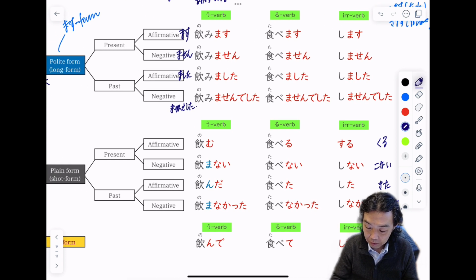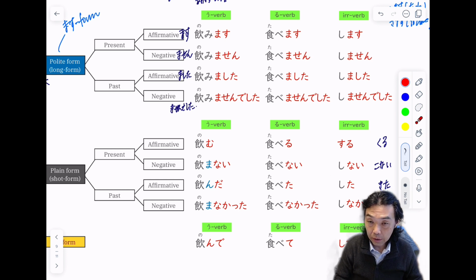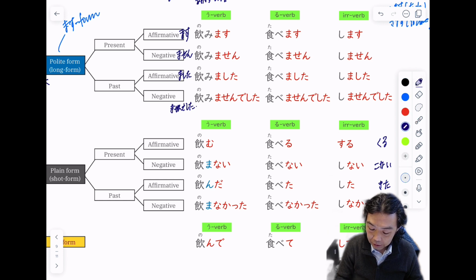Ru verbs are a lot easier than U verbs. Since they're usually just a simple combination between the stem and a word, some suffix. Okay, so for present affirmative, it's る.